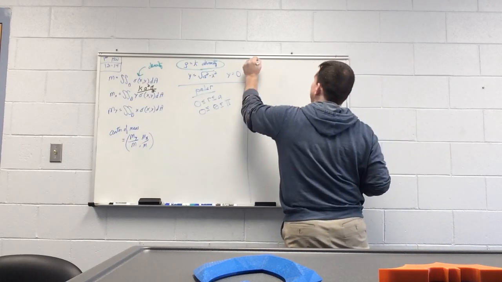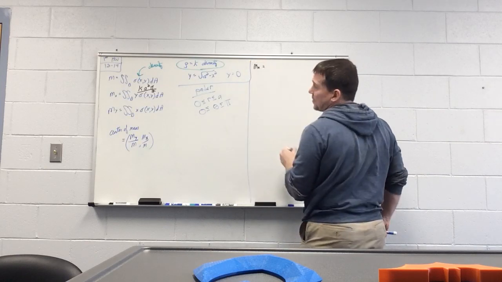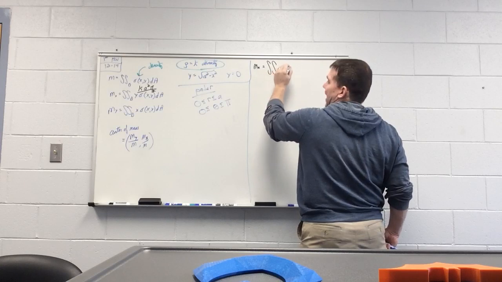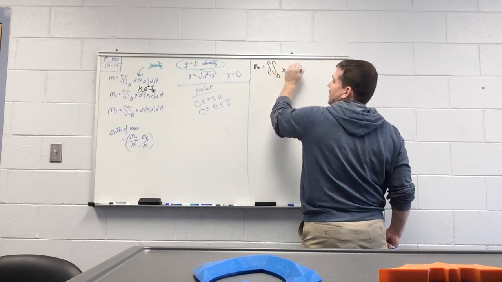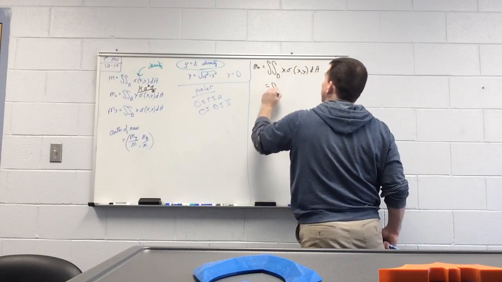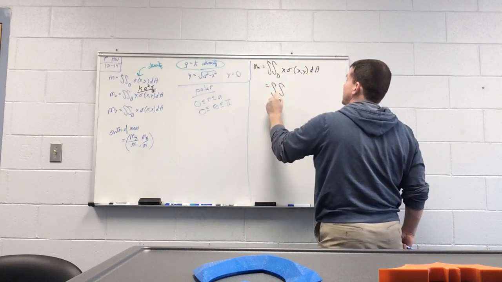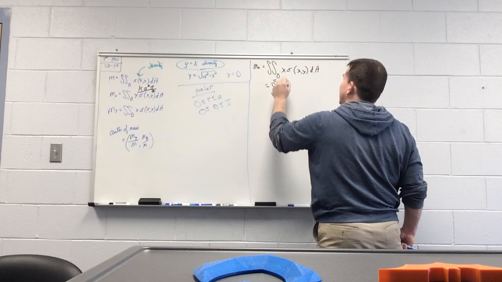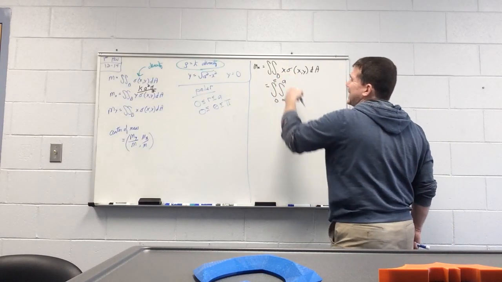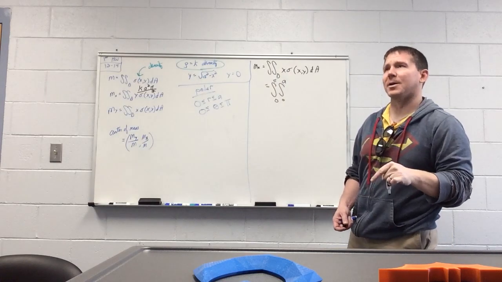Now find m sub x, which is by definition the double integral over D of y sigma(x,y) dA. I just plug in, it's the exact same region, so 0 to pi, 0 to A, and I converted to polar.